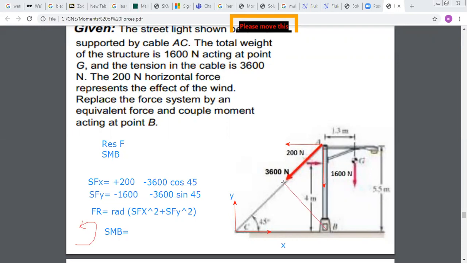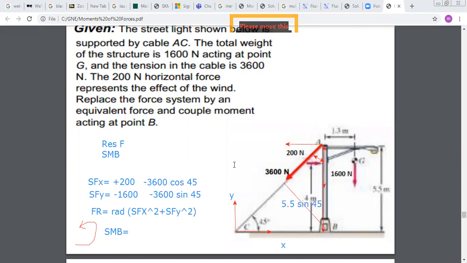And here I can easily find this distance from geometrical analysis, because I know that the length of this edge is 5.5 meters. This is a right triangle, and since the angle here is 45 degrees, this distance is 5.5 times cosine, or sine, it is the same, so times sine 45 degrees.